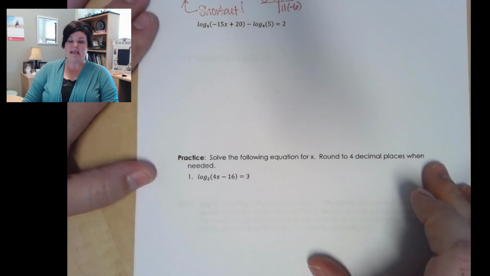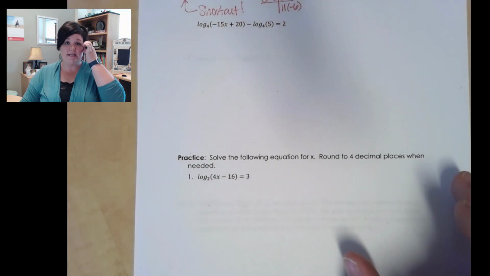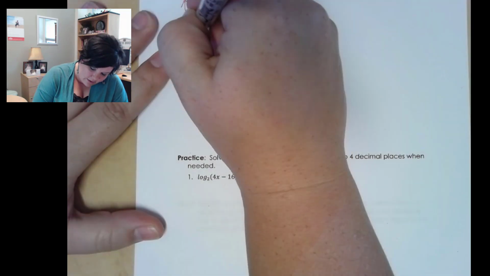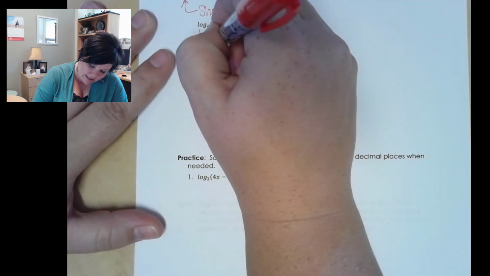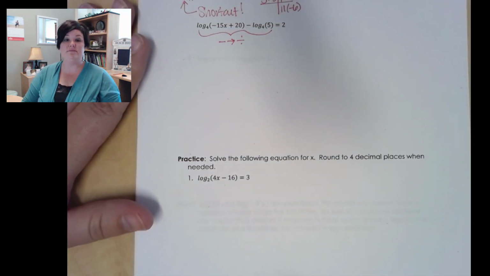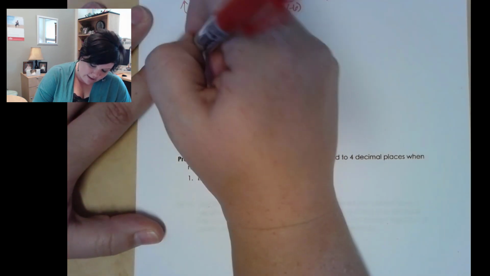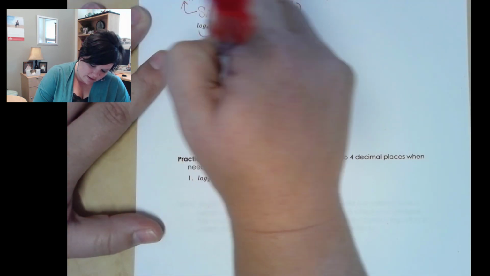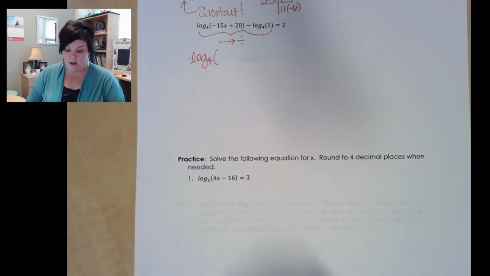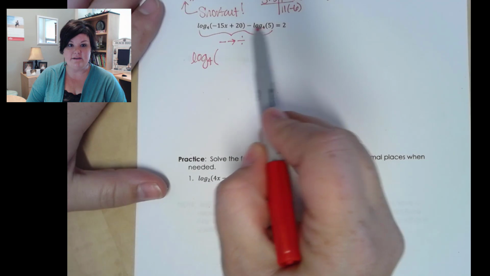Same thing here. I can't get rid of my log base 4 until it's condensed into one log term. I can see here that these two terms are subtracted, and subtraction condenses into division. So I'm going to go ahead and write this as just one log base 4 term, by dividing these inside values.